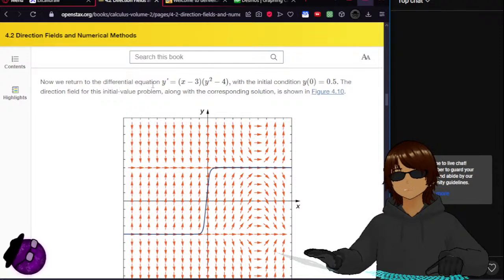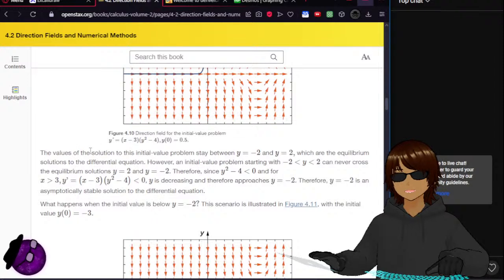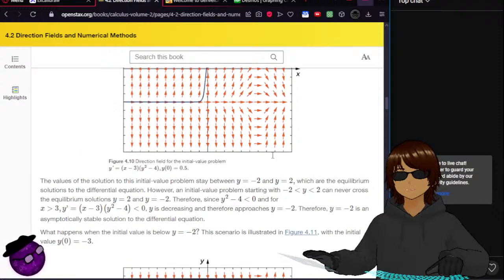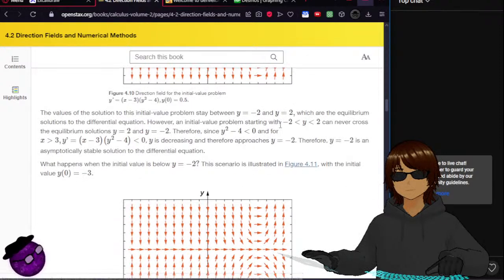Now we return to the differential equation with the initial condition y of 0 is equal to 0.5. The direction field for this initial value problem along with the corresponding solution is shown here. Okay, the values of the solution to this initial value problem stay between y is equal to -2 and y is equal to 2, which are equilibrium solutions to the differential equation.